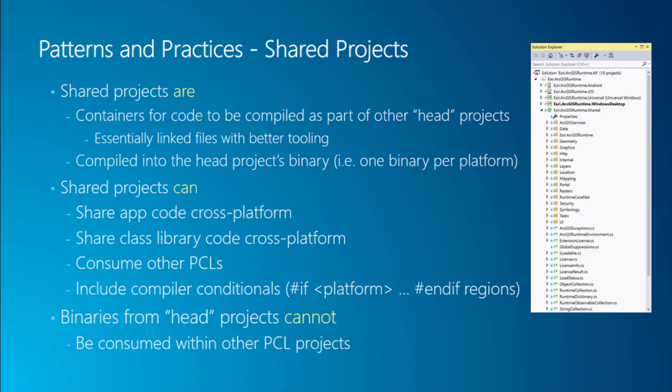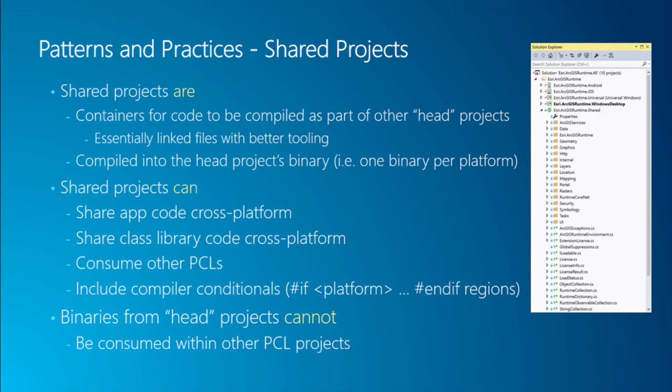I've got a screenshot here of some of our .NET API Visual Studio solution, kind of how we have that architected. And what you see here is we have an Android class library project, an iOS one, a UWP one, and a WPF one. So those are what build our Esri.ArcGIS runtime assemblies for all those platforms. And then below that, we have a shared project.